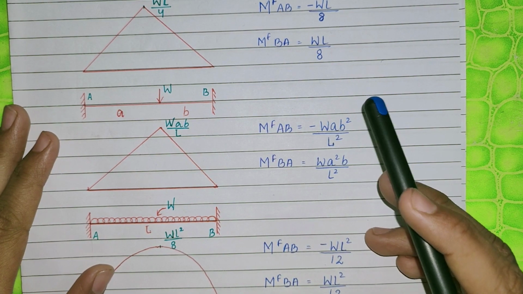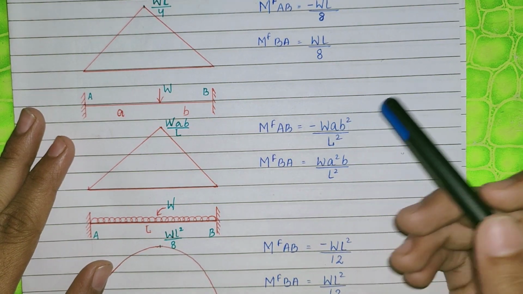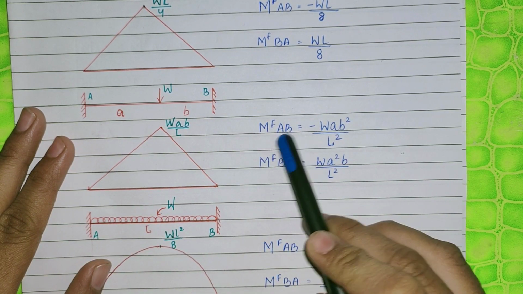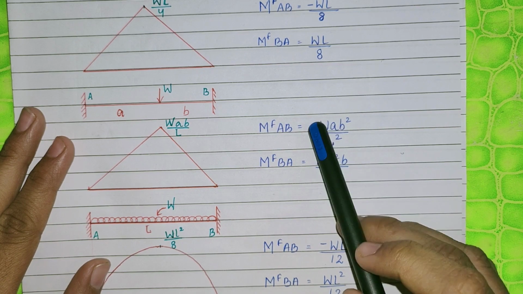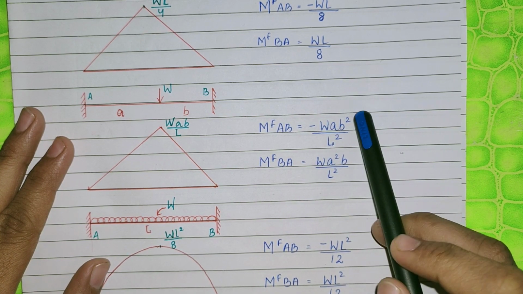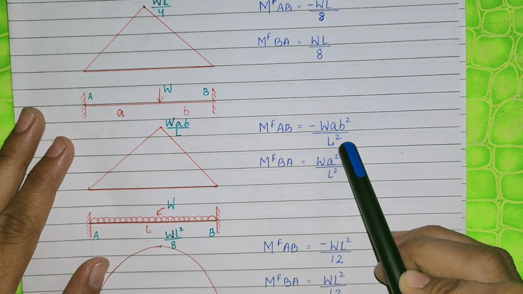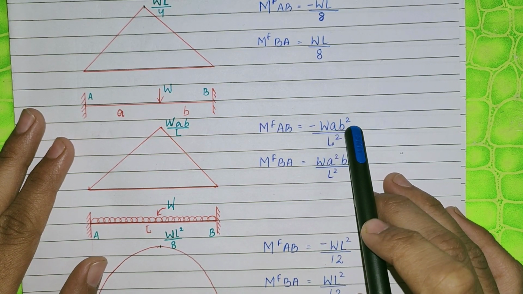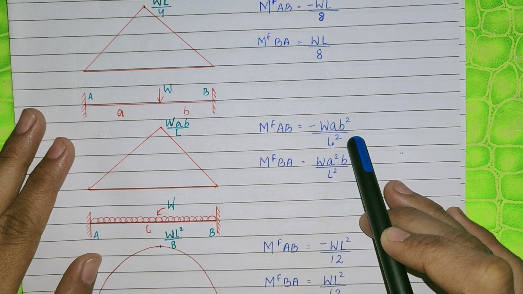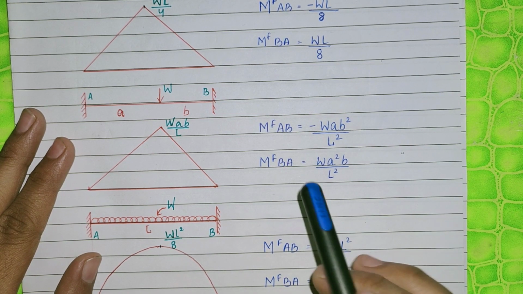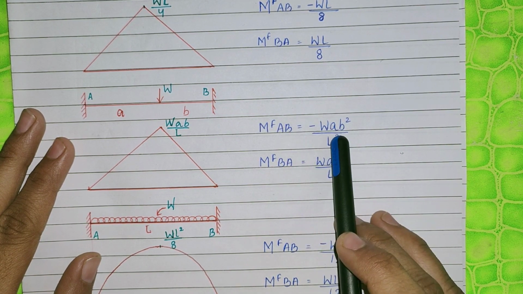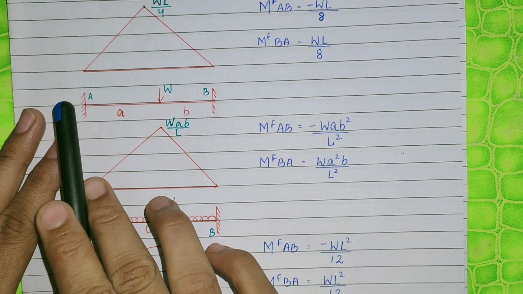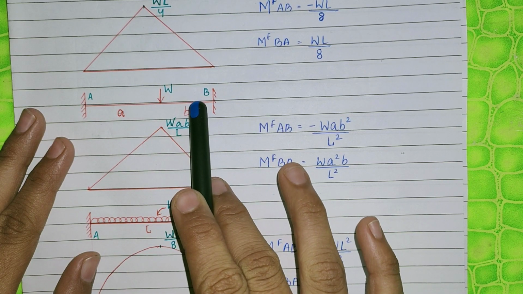But if you have to calculate the fixed end moment about A to B, then the formula is −Wab²/L². This formula is used when you have to calculate the fixed end moment about A to B.